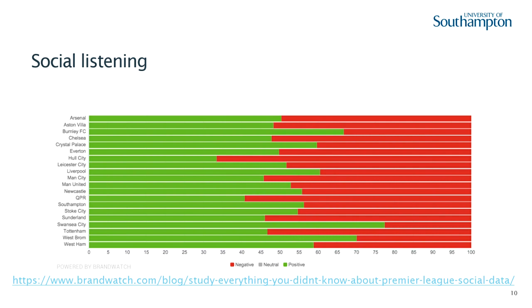For example, here there's a case study conducted by a social listening tool called Brandwatch a few years ago, where they were able to listen on social media, and based on what people post, they are able to give an idea about the polarity of the post, whether they're negative posts or positive posts.